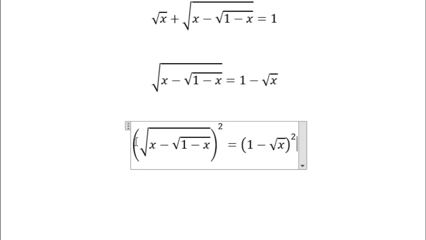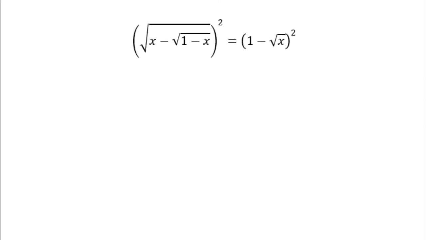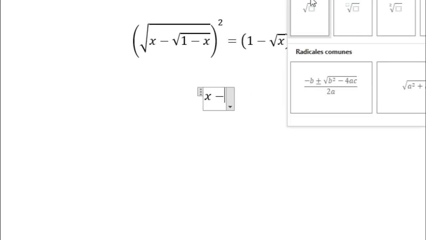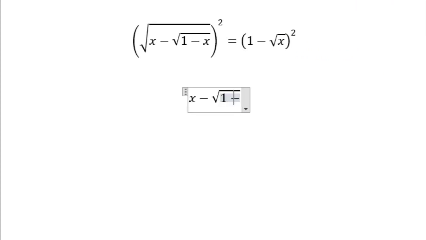We can get rid of this first square root we have here by squaring it. So this one goes away with this power of 2 we have here. So we get x minus the square root of 1 minus x equals.